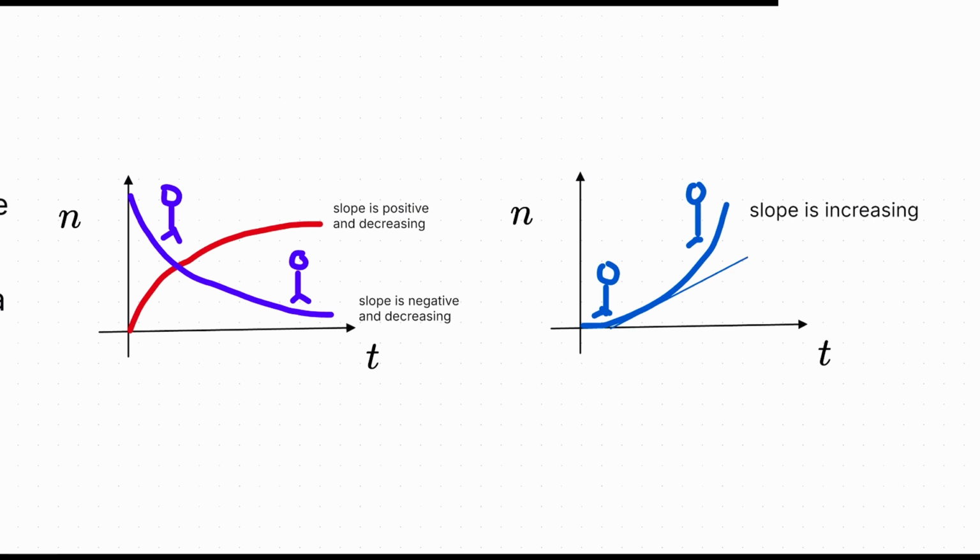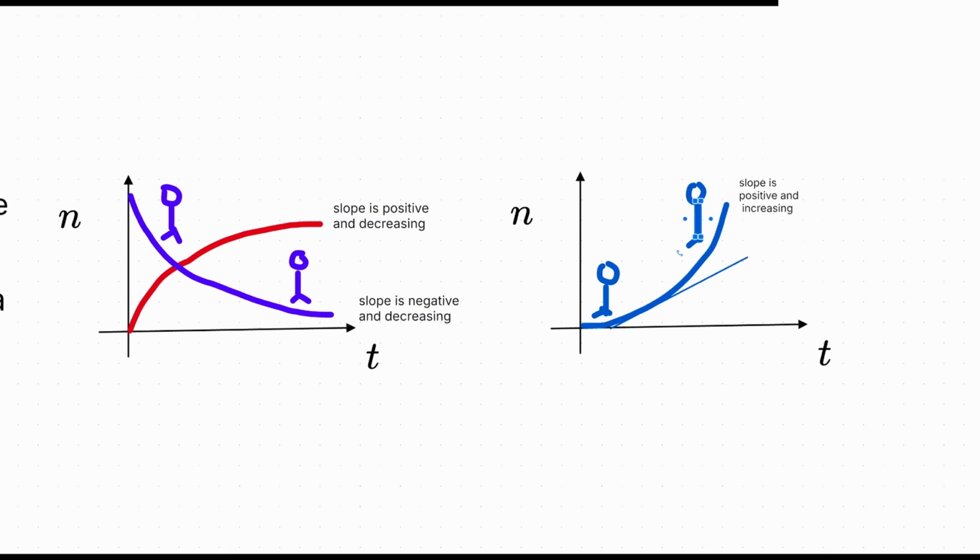And when you draw a tangent line touching one of the points on that curve, this tangent line has a positive slope. So this is the case when the slope is positive and increasing.